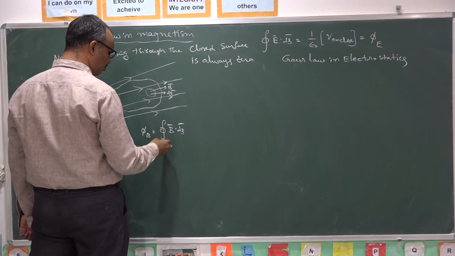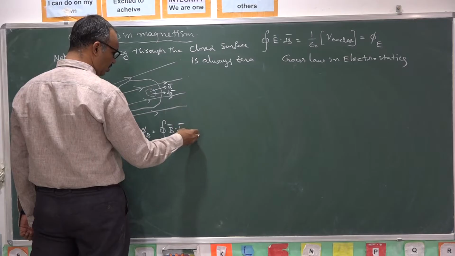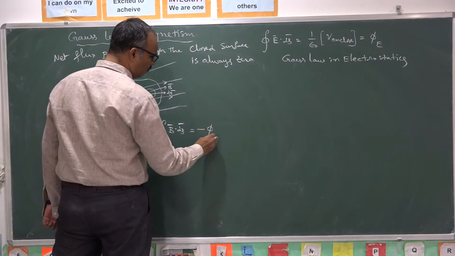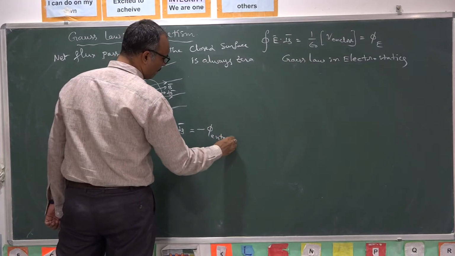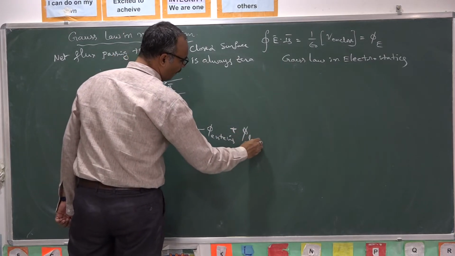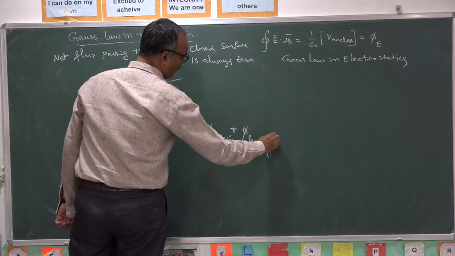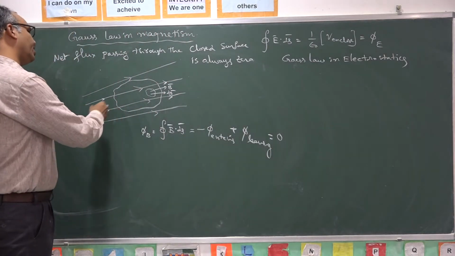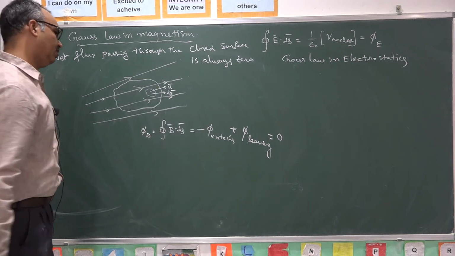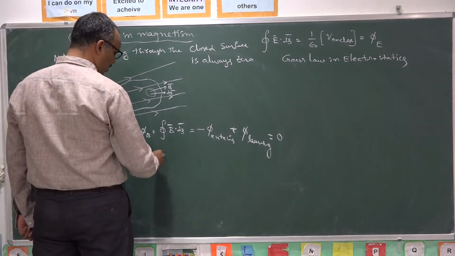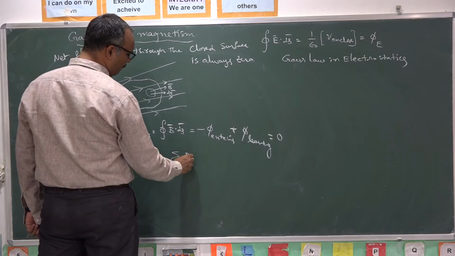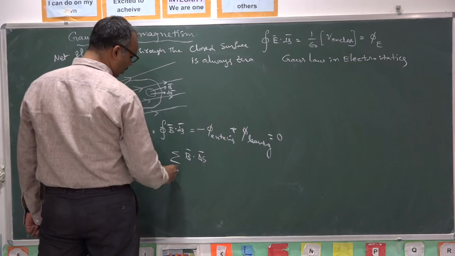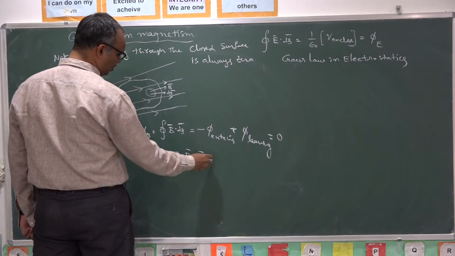Net flux is equal to flux entering minus flux leaving, or minus of flux entering plus flux leaving, equal to 0, because number of lines of force entering is equal to number of lines of force leaving. Or simply in sigma notation also you can write B bar delta S through the entire closed surface is equal to 0.